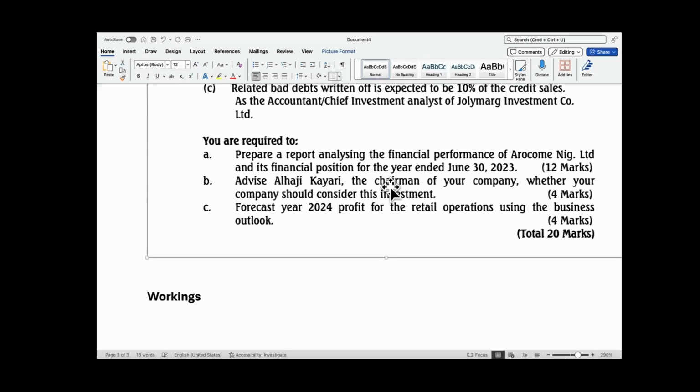Now, for financial performance, the relevant ratios will be profitability ratios and efficiency ratios. For financial position, the relevant ratios will be liquidity ratios and solvency ratios.